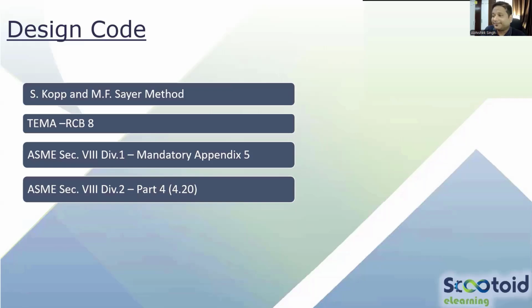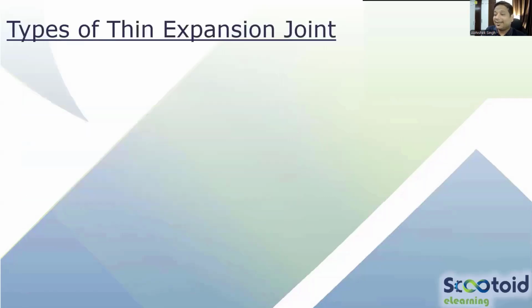There is no difference. So 4.20 and Appendix 5 are exactly the same. So these are the design codes which you can follow. But you know that if you're doing design by rule, you have to follow up with design by analysis for thick bellows. Now, what about thin?